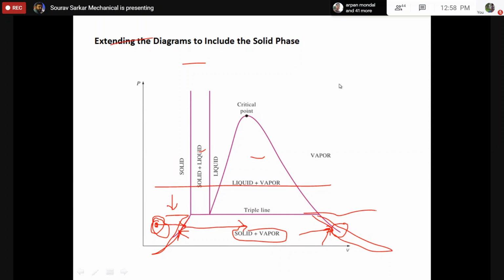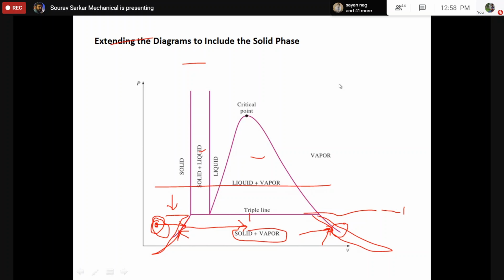So whenever camphor absorbs heat from the environment, as it is below this critical pressure, based on the material property, the camphor is directly converted into vapor.